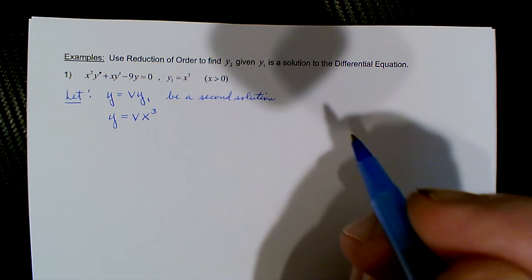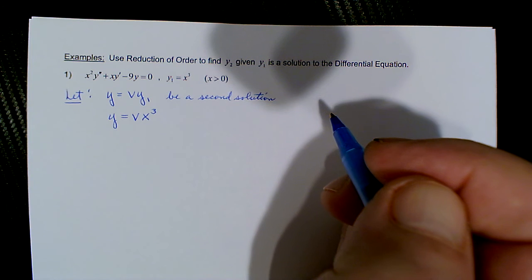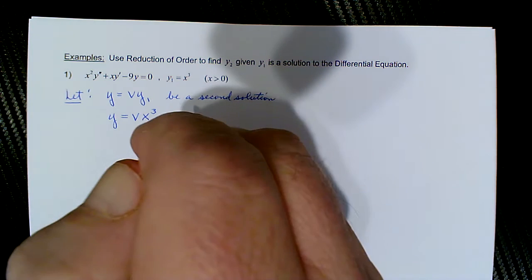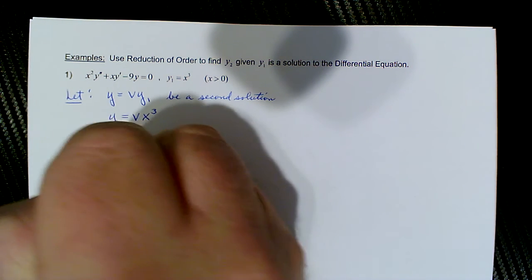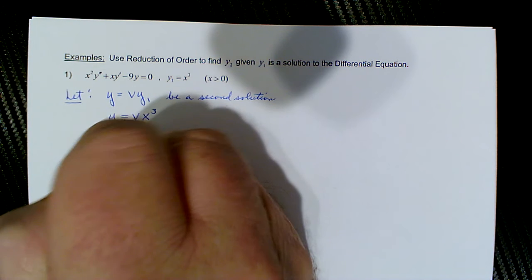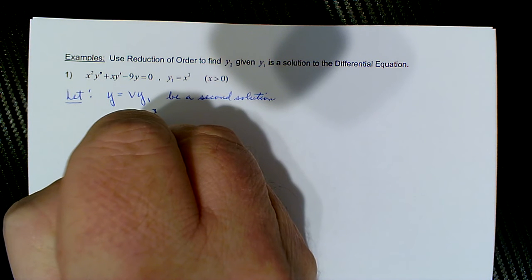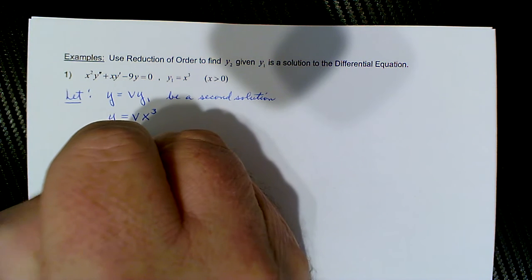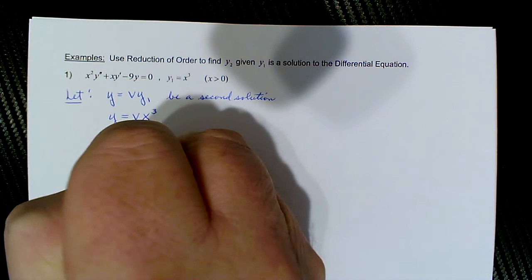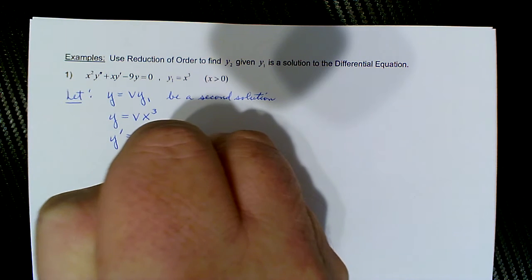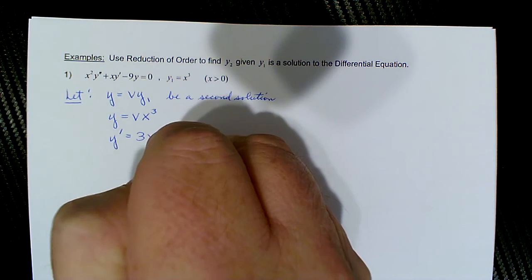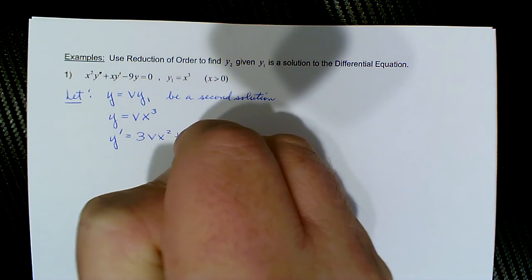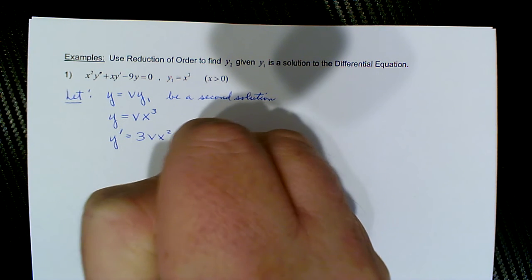And then we're going to find two derivatives. So y prime would be the first, v, times the derivative of the second, the derivative of x cubed, 3x squared. So we'll say 3v x squared plus the second function x cubed times the derivative of the first, and in general the derivative of v is v prime.